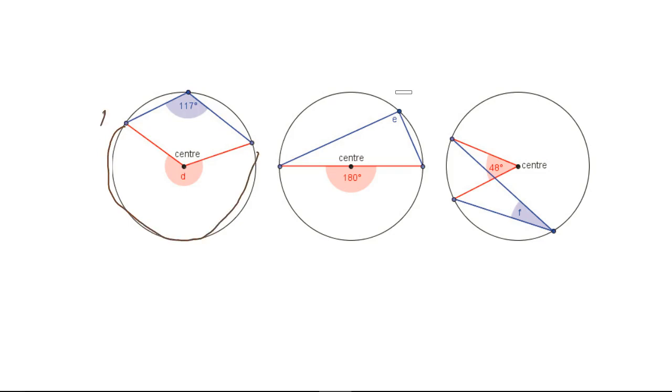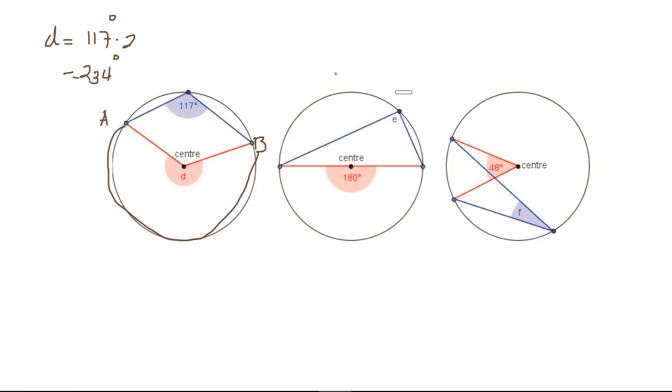If I call this A, this is B. That is your arc, and that means the central angle is from A to B. It follows the same. So for D, we have double the 117 degrees. That means we have 234 degrees.